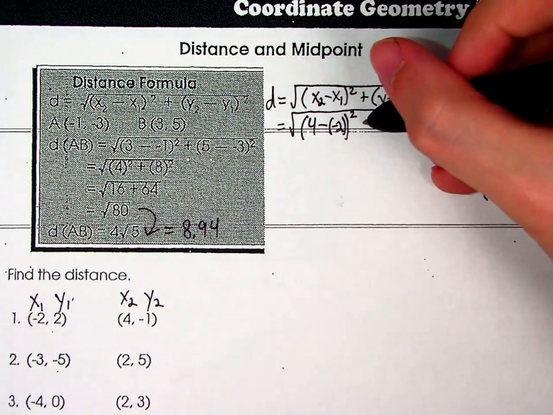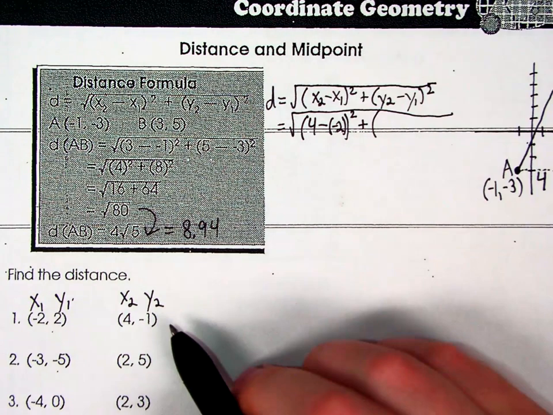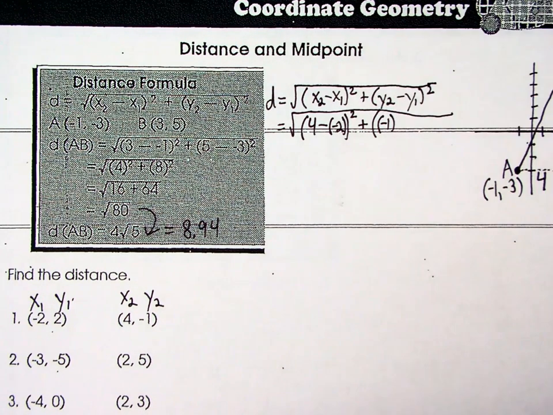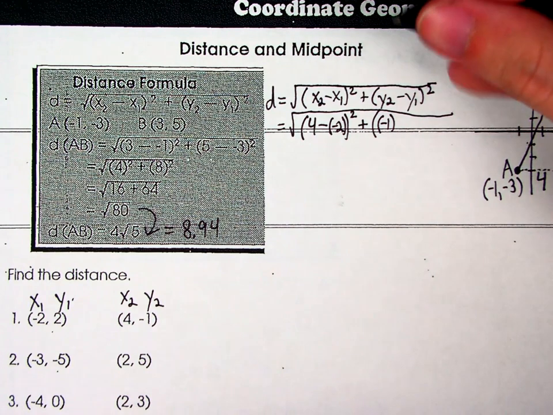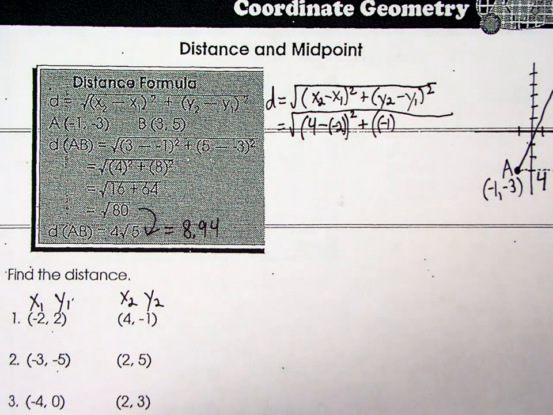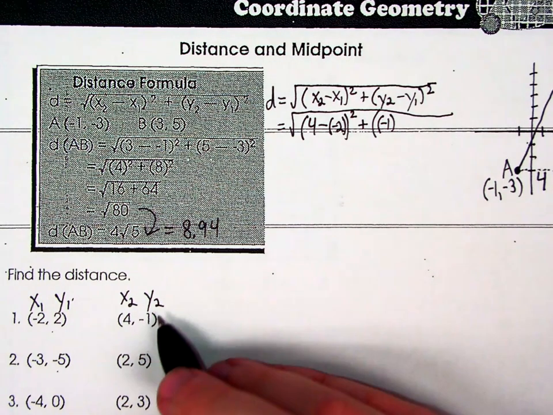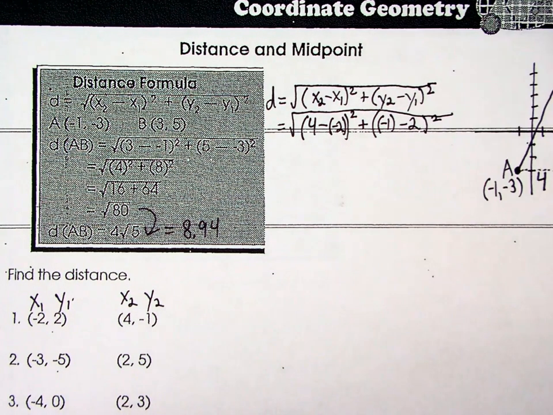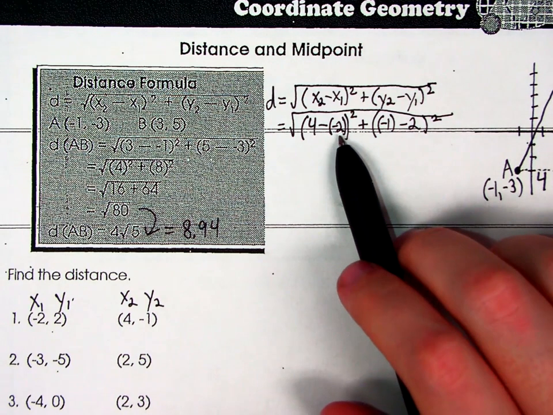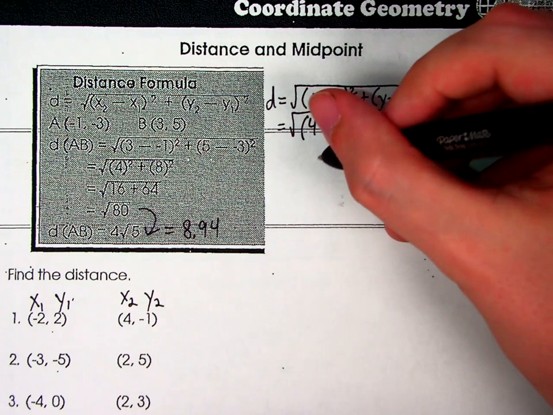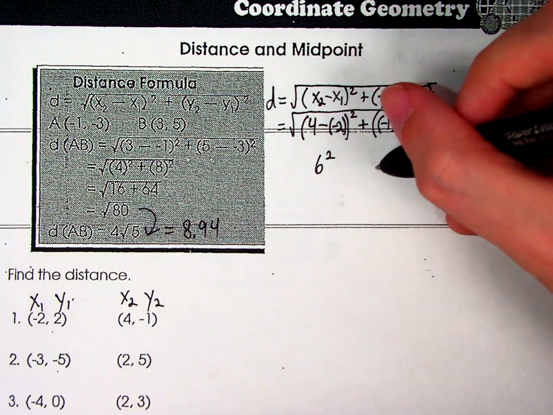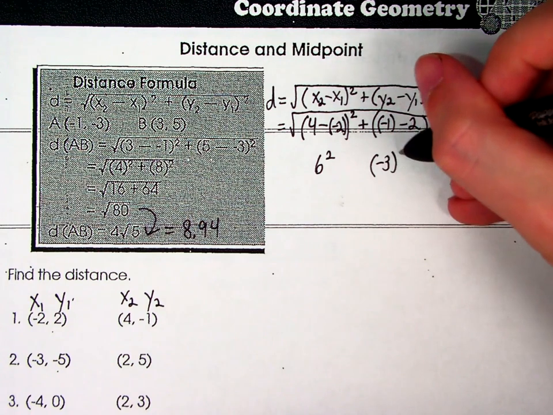And we'll have -1, I'm putting the negatives in parentheses to help me indicate that they're negatives and not confusing them with the minus signs that are already there. -1 minus 2 quantity squared. I'll subtract 4 minus -2, that's just 6 squared, and -1 minus 2 is -3 squared.